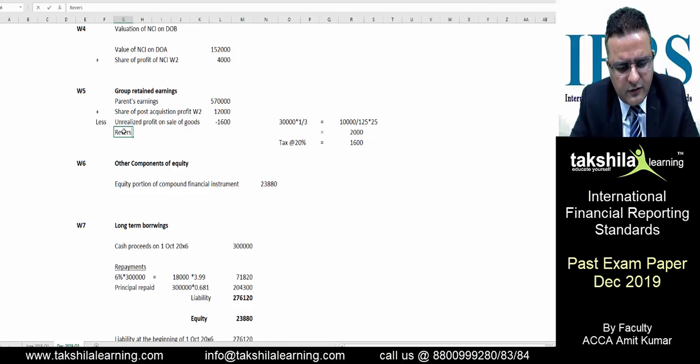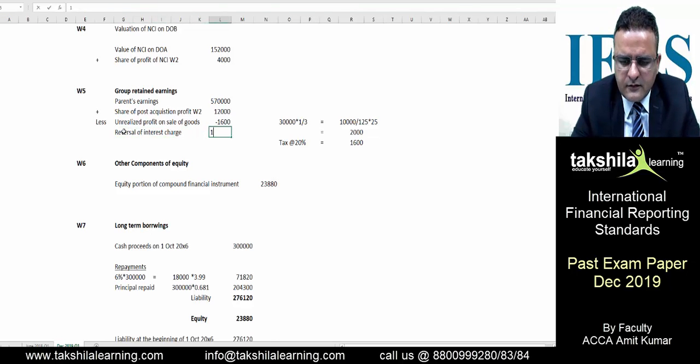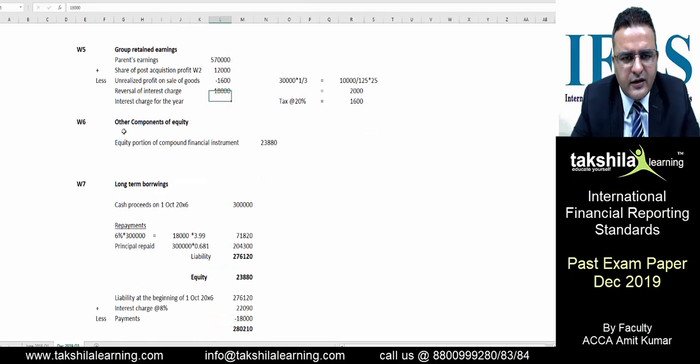So reversal of interest charge, $18,000. Interest charge for the year is equal to 22,090. That is the interest charge for the year.